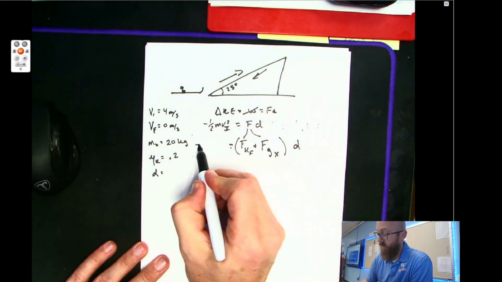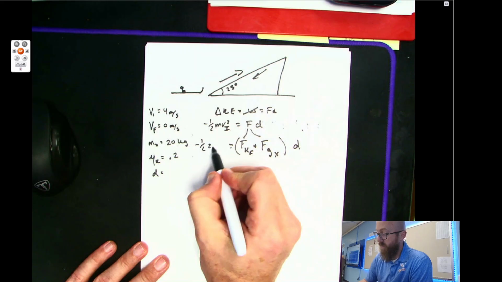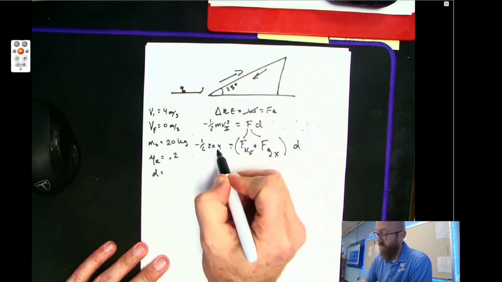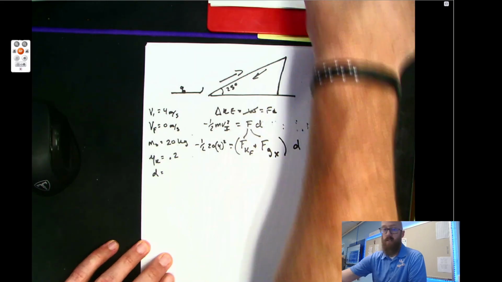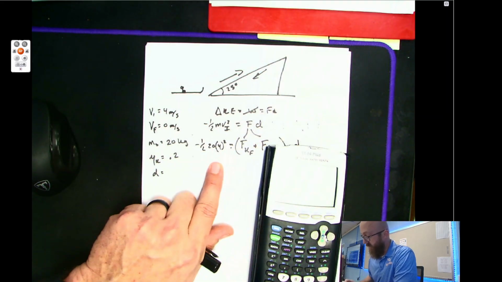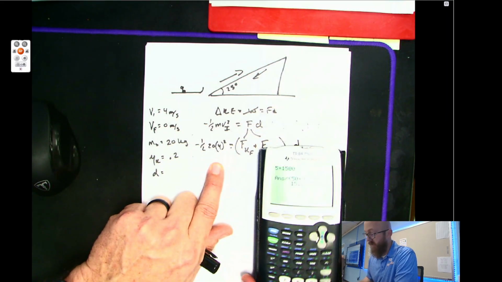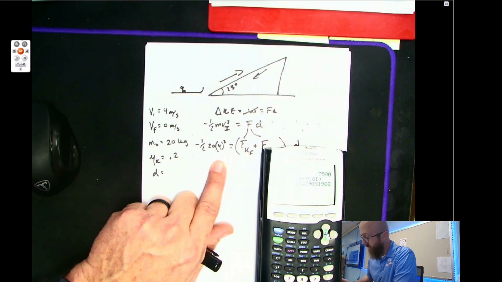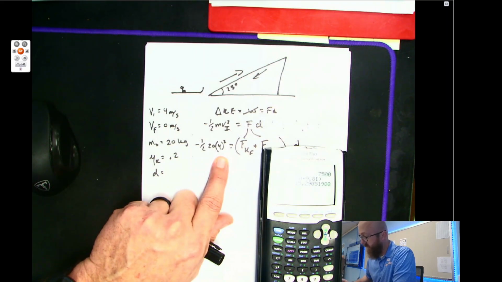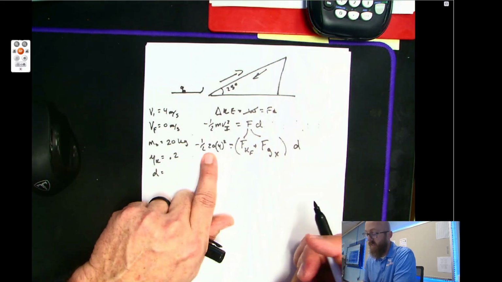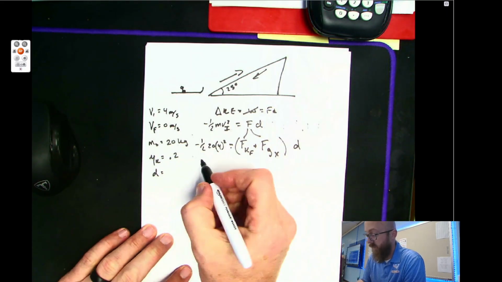So 1/2, mass is 20, velocity is 4. I'm going to go ahead and answer that left side because, frankly, I don't like it and I want to solve it. So 4 times 4 is 16. 16 times 10 is 160.